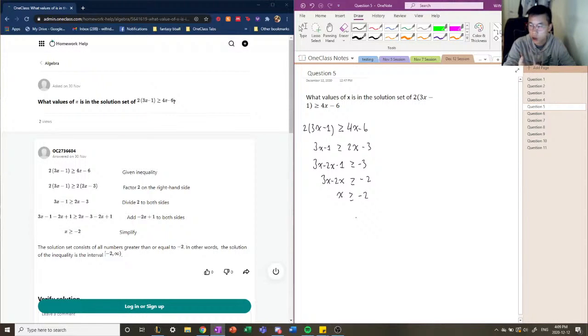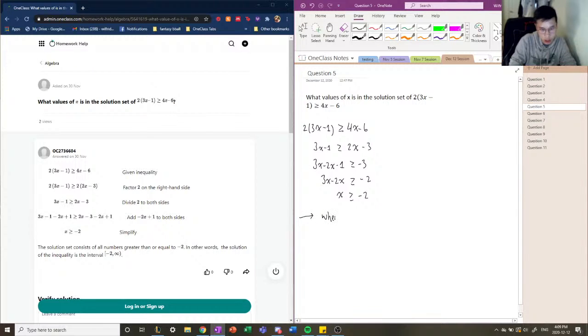So by moving all our variables to the one side and keeping all our constants on the other, we're able to manipulate our inequality to find the values of x which will make the statement true. So basically, whenever x is greater than or equal to negative 2, the top inequality is always going to be true. Okay? So in other words, let me write out a statement.